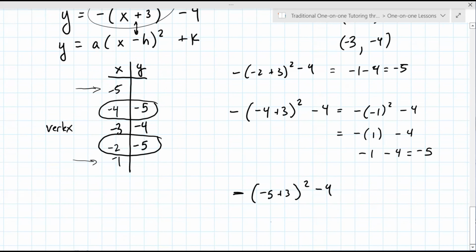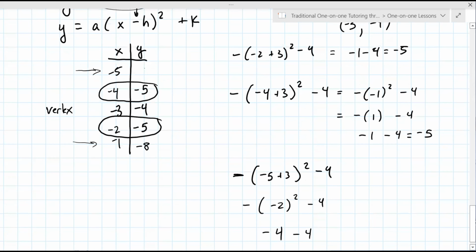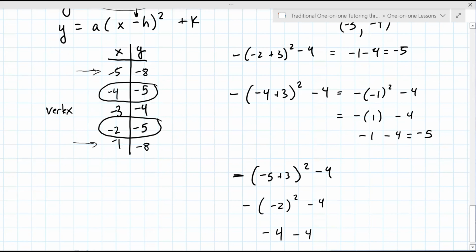So you said you get -2 squared, which is 4, and then you negate it. Oh, right. And then you would graph these points if that's what it was asking for.